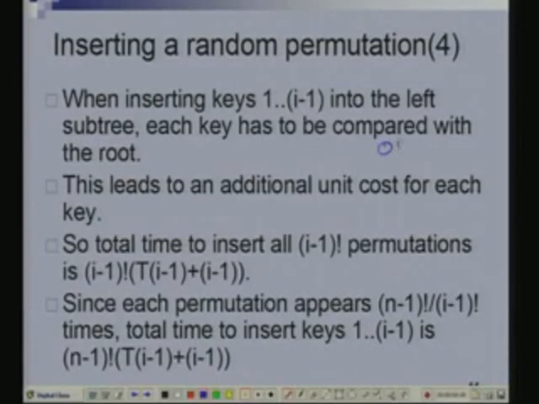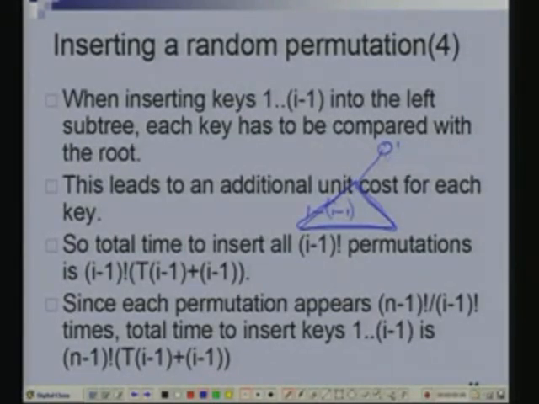So, let me clarify what I am saying. This is I, and the keys 1 through I minus 1 are coming here. I know something about just this tree. If this were my tree, then I know that the average time to create this tree is T of I minus 1. But now I am creating a tree of n nodes.